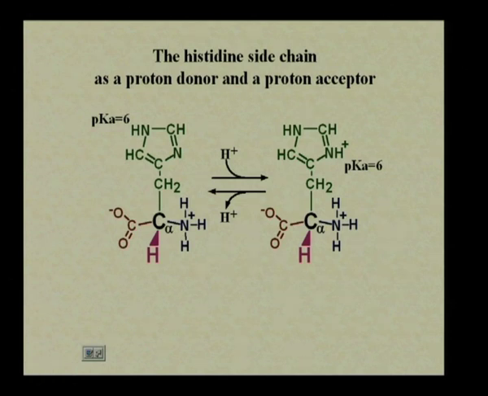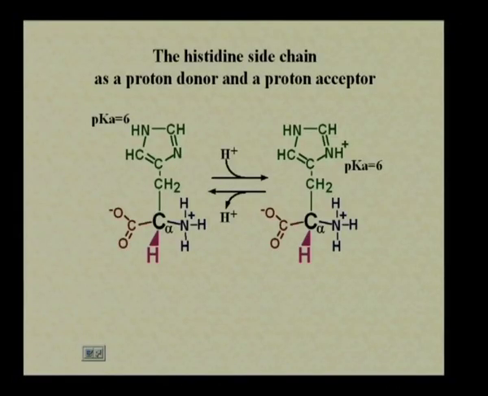Now, if you look at what the physiological pH is, that is the pH of blood, at which all the enzymatic reactions in our body are taking place, that is at a pH of 7.4. The physiological pH is 7.4.